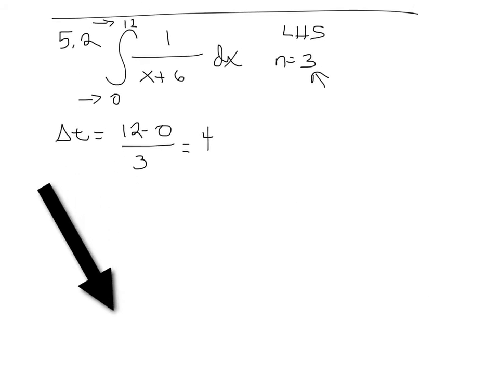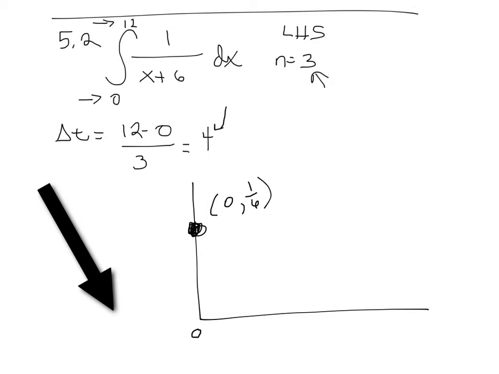I would draw this graph out, meaning at 0, if I plug 0 into the function, I would be at that point 0, 1 over 6.